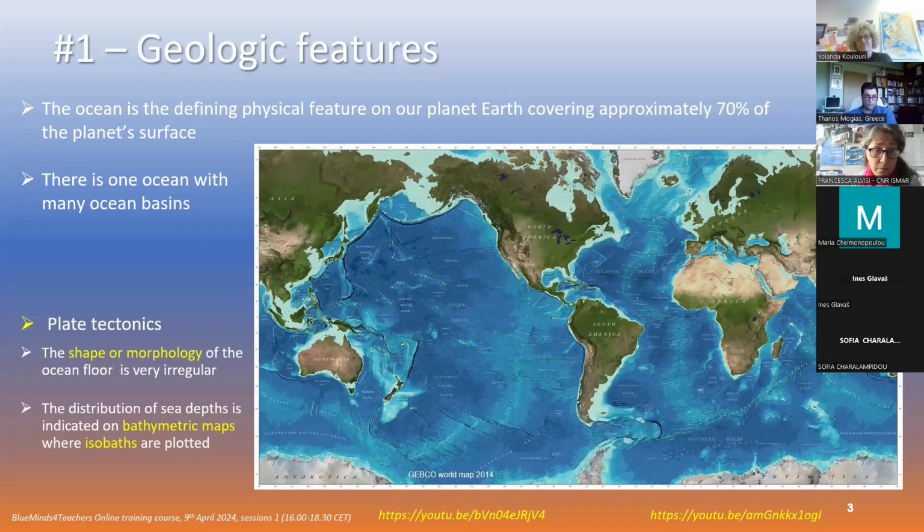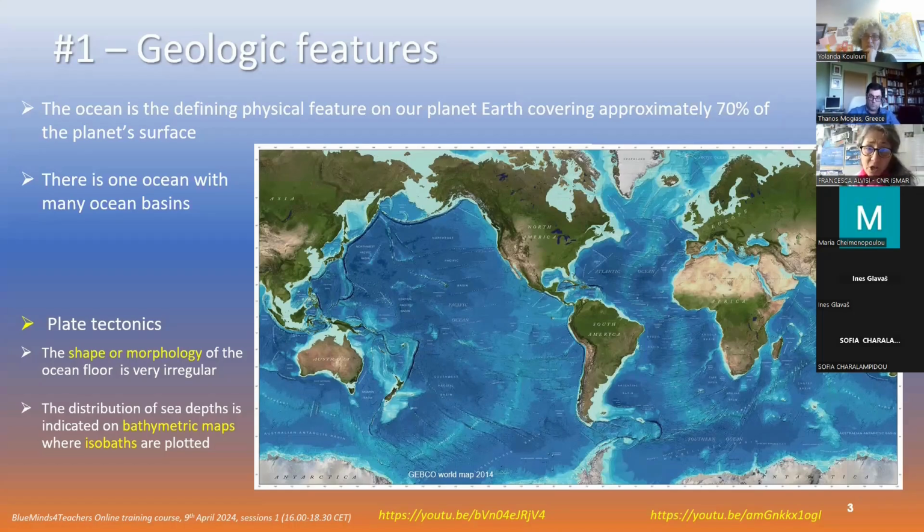This principle also has to do with the characteristics of the ocean floor, and the ocean floor characteristics are determined by one of the most important processes acting on the Earth's surface, that is plate tectonics. I don't know if you ever heard about it, but it is a theory to explain how the external part of our planet, the crust, the lithosphere, is behaving.